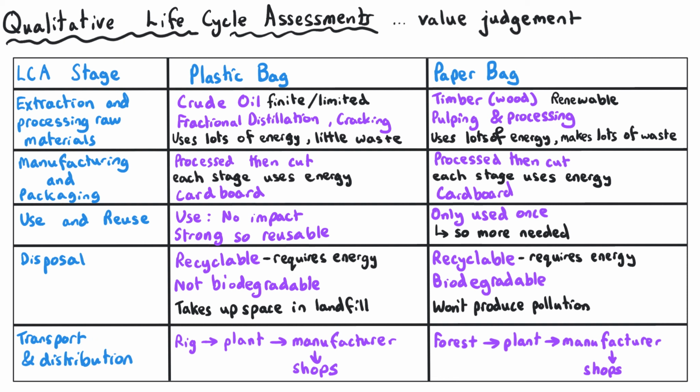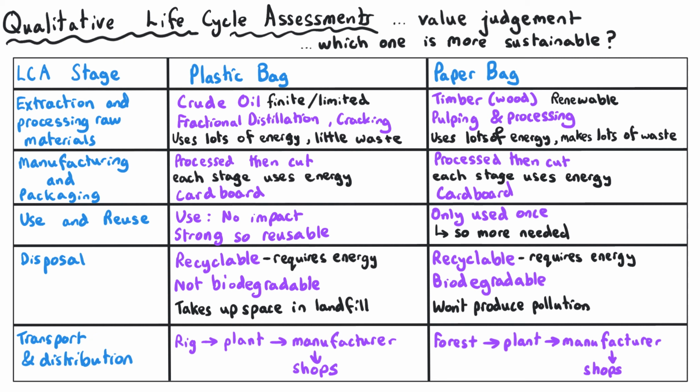And so a qualitative life cycle assessment requires you to assess these things and decide which is overall the better for the environment. In other words, which one is more sustainable and has the least environmental impact. Now, in a GCSE chemistry question, you can usually argue both sides of the same coin here. You can decide plastic bags are worse or paper bags are worse.